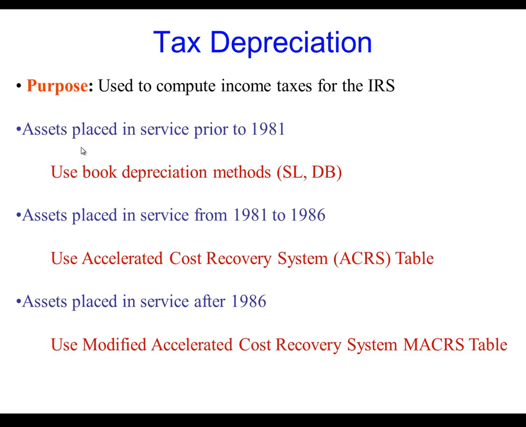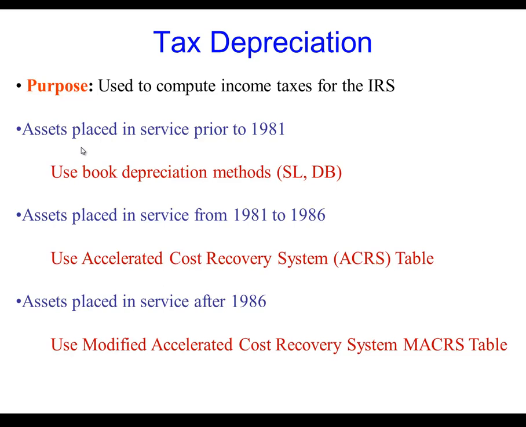The method used to calculate this kind of depreciation depends on the year of the asset. For assets placed in service prior to 1981, we use book depreciation methods, which is the straight line and the declining balance.